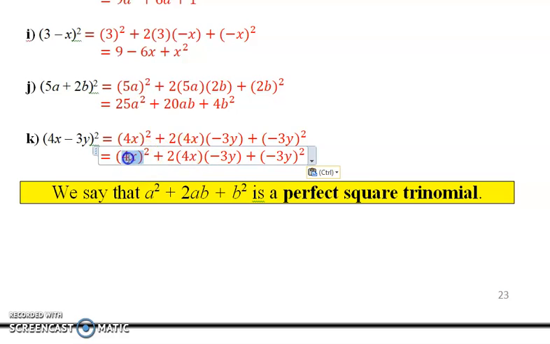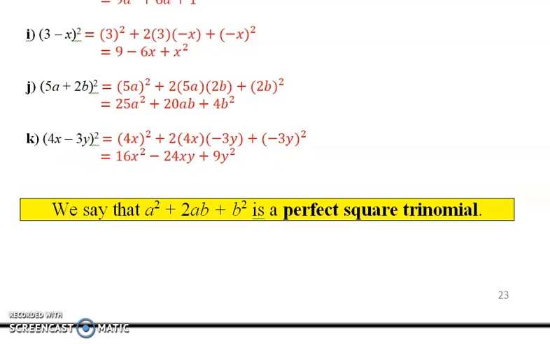And then we get 16x squared. And there we'd have 2 times 4 is 8 times 3 would be negative 24. Minus 24xy, the rest is gone. And then we take the negative 3 squared, we get 9 in the y squared, so we get 9y squared.